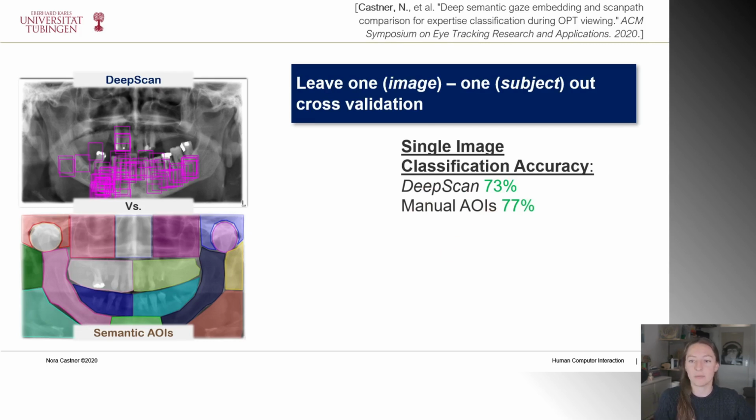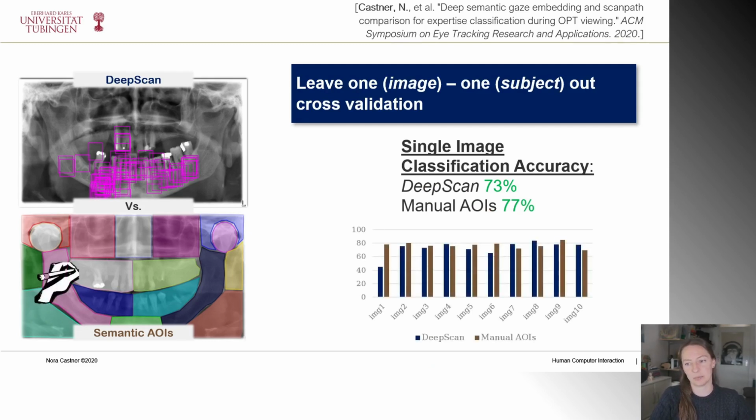Thus, comparable performance, but without tedious labeling. And I want to point out that the manual labeling needed to be done by an expert who understood the anatomical structures of these images and was able to map them appropriately for all images. Thus, comparable performance without tedious labeling and less than half of the effort.